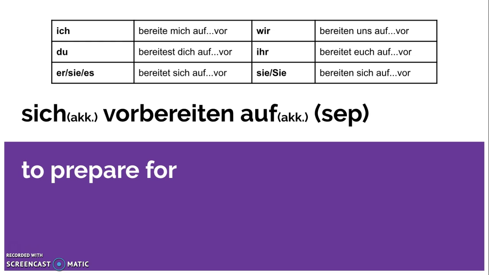And it is regular. So we have ich bereite mich auf vor. Du bereitest dich auf vor. Er/sie/es bereitet sich auf vor. Wir bereiten uns auf vor. Ihr bereitet euch auf vor. Und sie bereiten sich auf vor.